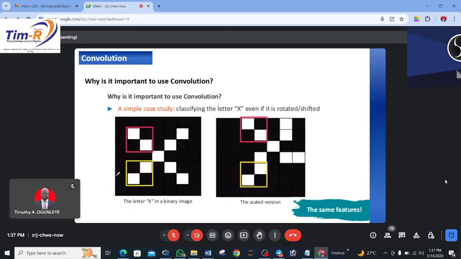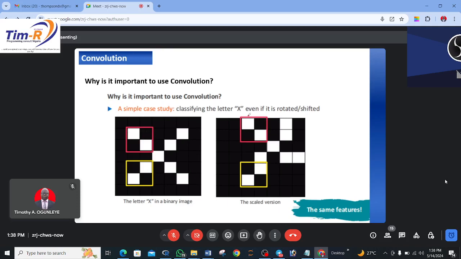Now, why is it important to use convolution? Number one, even if some things have changed, for example, here we have a feature that is here and a feature that is here.